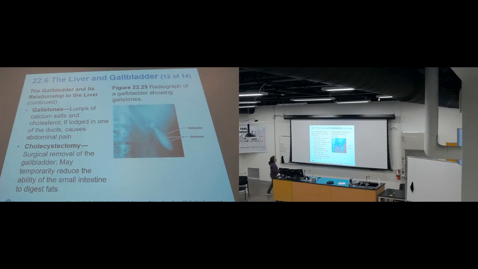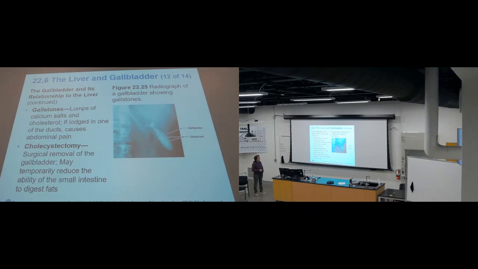So, what are gallstones? They are lumps of calcium salt and cholesterol. If large in one of the ducts, they cause abdominal pain. Sometimes the gallbladder can also be infected by bacteria. Not necessarily gallstones cause pain, also cholecystitis. And in this case, the person will also have pain in the right upper quadrant.